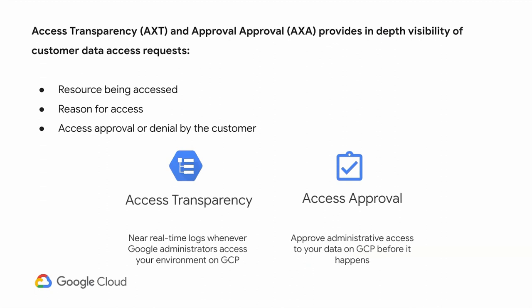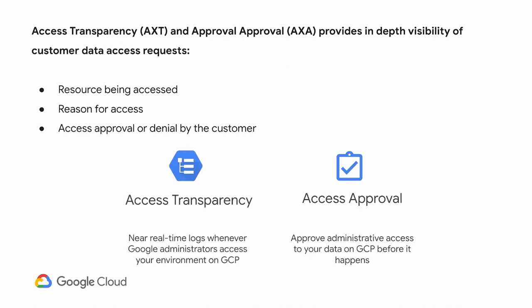In the specific case of Google Cloud, customer data is not accessed for any reason other than to fulfill contractual obligations. And for that, a valid business justification is required for any access made by support staff. But access transparency beyond that can still provide near real-time logs when Google Cloud admins access your content.